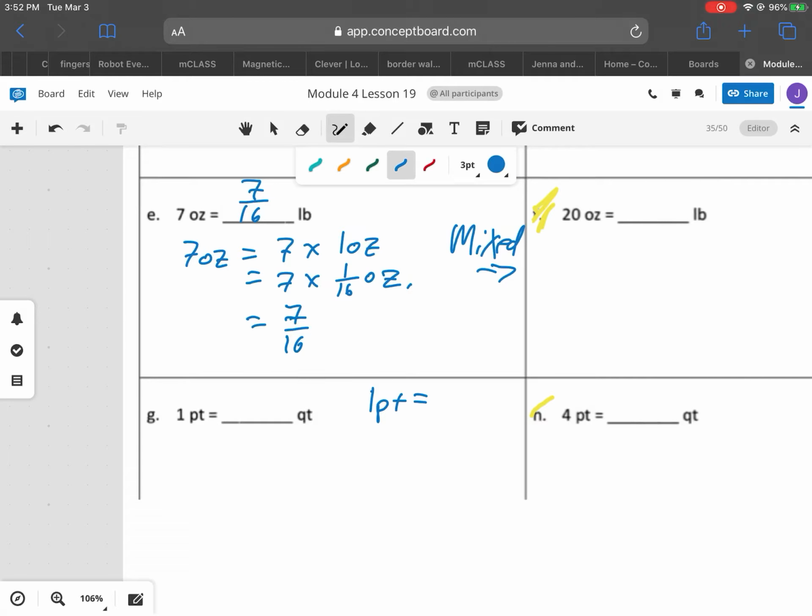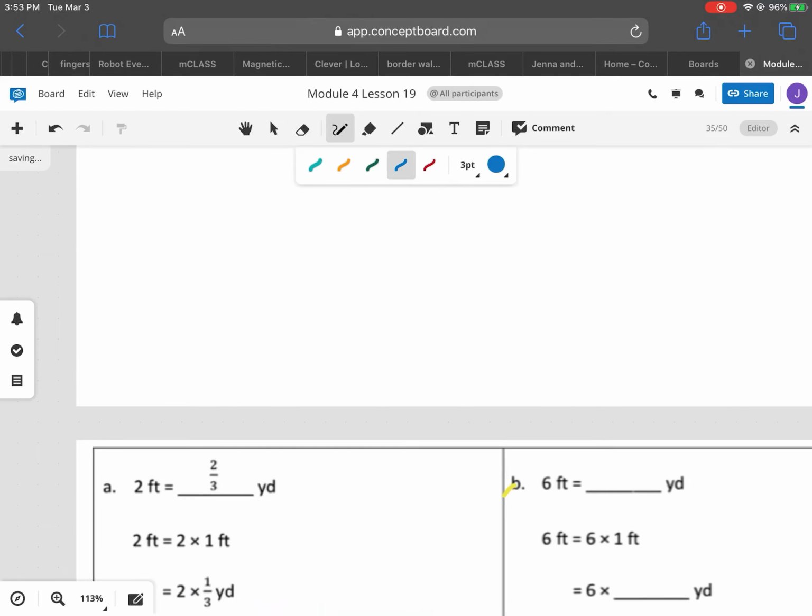If you don't know, look it up in your science notebook, or also in your module, it's going to show you as well. Okay, so what we have is there's 2 pints in 1 quart. 1 pint, excuse me, what was I using before?